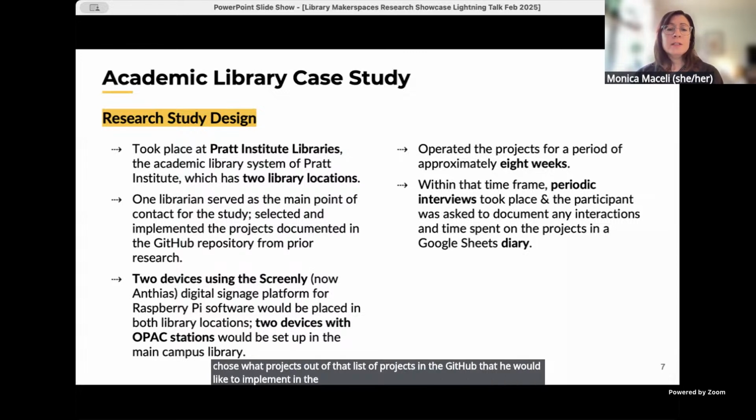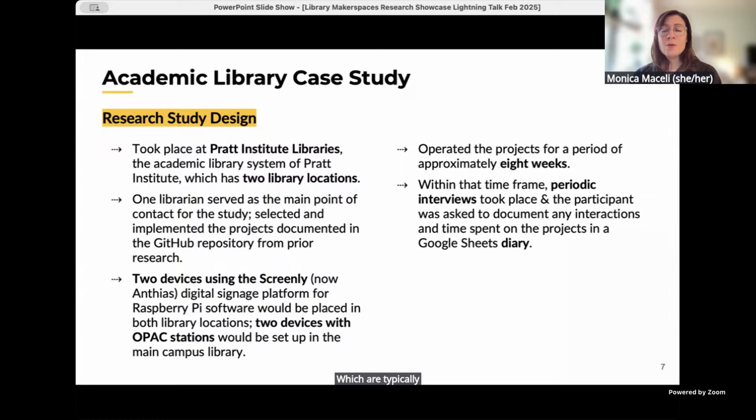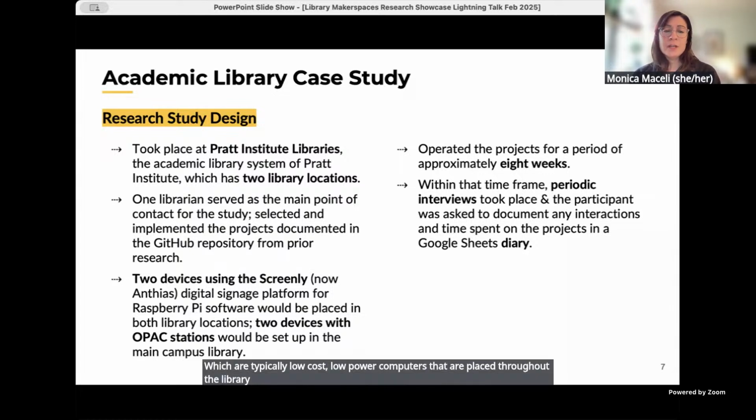They did end up creating 2 digital signage platforms, as well as 2 Raspberry Pi devices that were serving as online public access catalog stations, which are typically low cost, low power computers that are placed throughout the library so patrons can easily access catalog records on site.